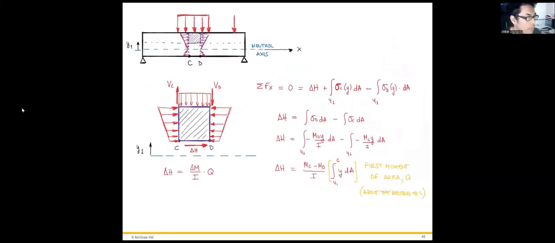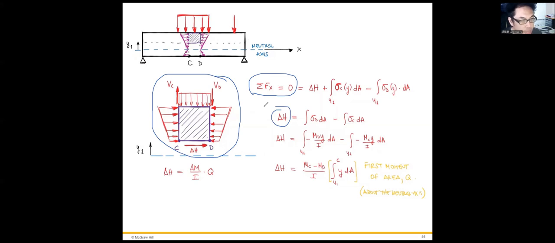This is what I mentioned in previous slides. We can use the sum of F_x equals 0 on this free body diagram to find out what delta H is. I'm going to skip the math; you can figure it out by yourself.